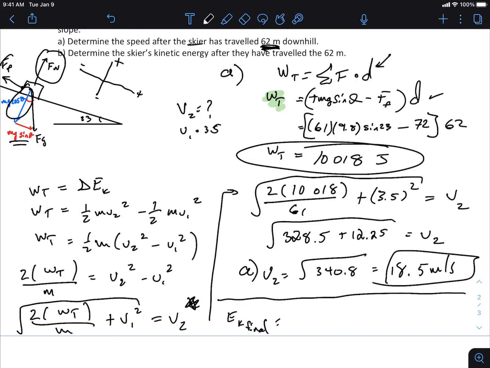We take 1/2 multiplied by its mass multiplied by its velocity squared. So I'd get 1/2 of the mass, 61, times 18.5 squared. What do we get? Let's find out. 0.5 times 61 times 18.5 squared.